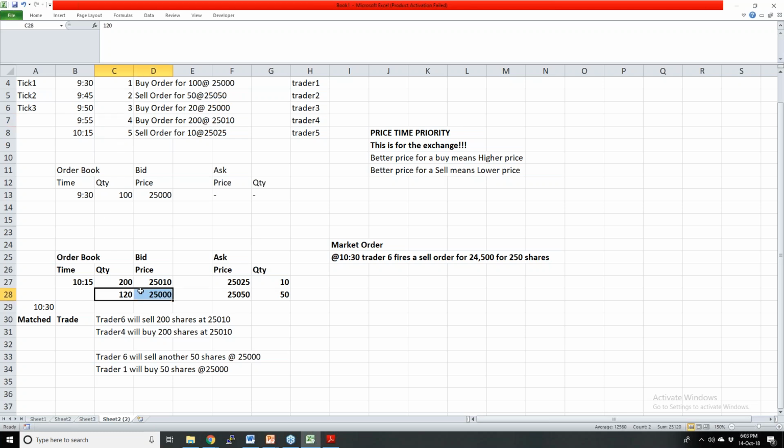So it's quite possible that the trade would happen at 25,000. So it might be different from what you are seeing on this screen. Market orders will always have some uncertainty in the price, right?